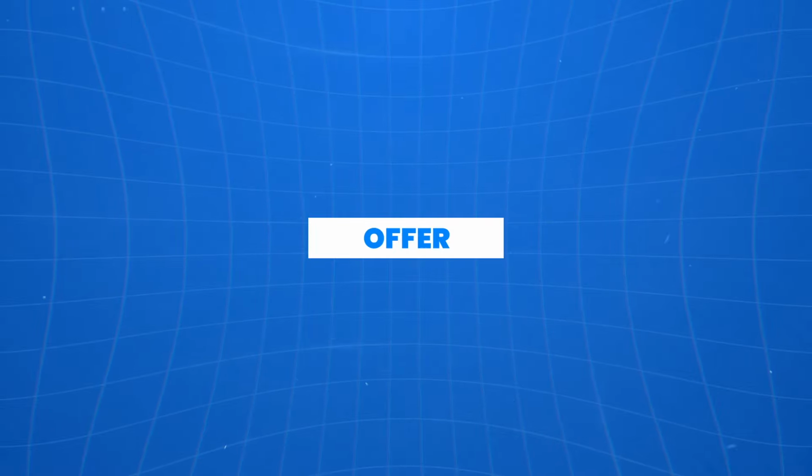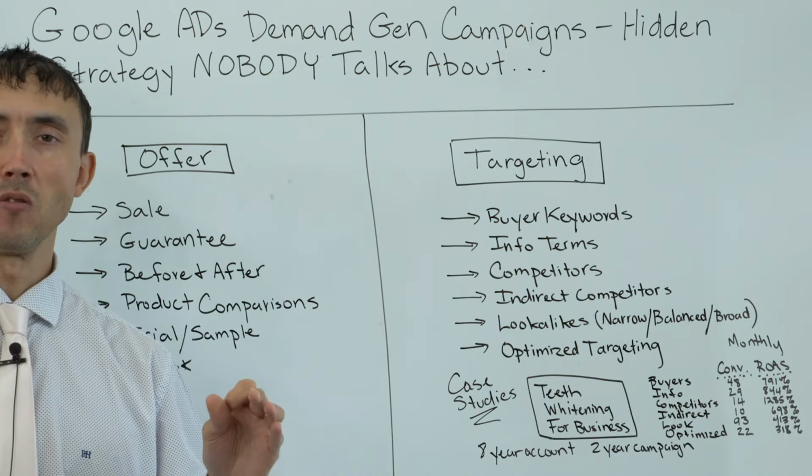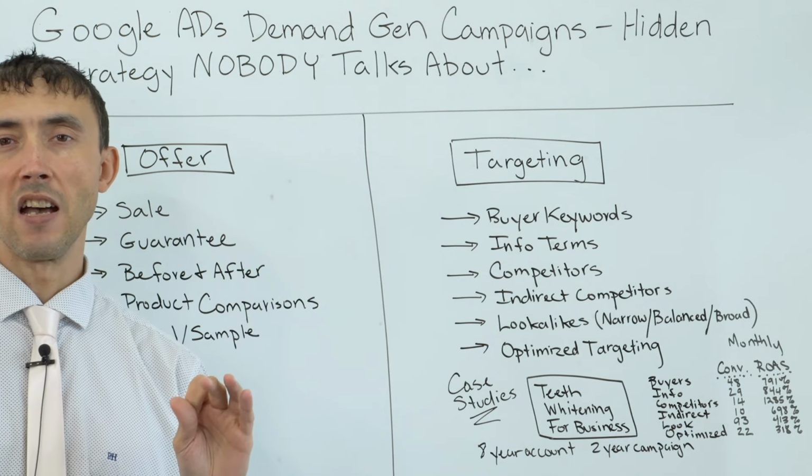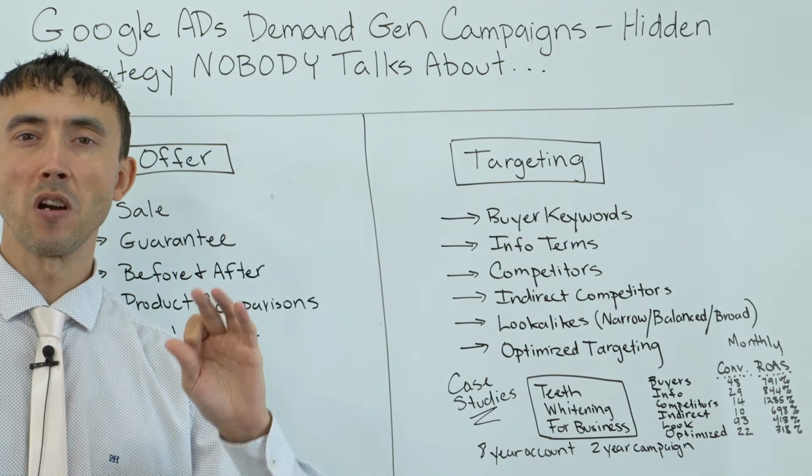First of all, the number one way that we are going to get the demand gen campaign to work is through running a sale. For a typical e-commerce brand, you will make more money raising your prices so that you have the ability to discount, because you can get display ads to work if you can run a discount.